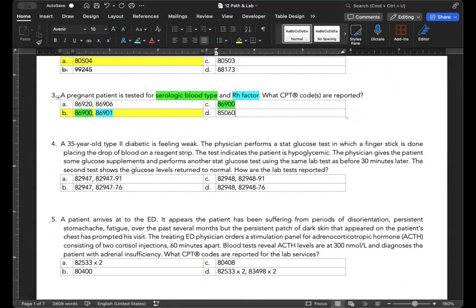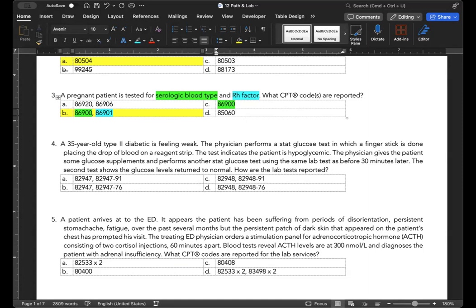Okay. Number 4, a 35-year-old type 2 diabetic is feeling weak. The physician performs a stat glucose test in which a finger stick is done, placing the drop of blood on a reagent strip. The test indicates that the patient is hypoglycemic. The physician gives the patient some glucose supplements and then performs another stat glucose test using the same lab test as before, 30 minutes later.